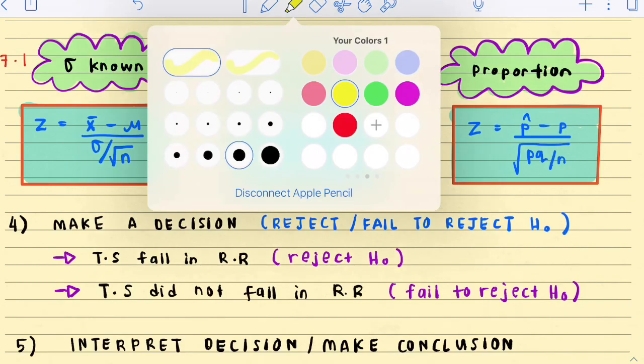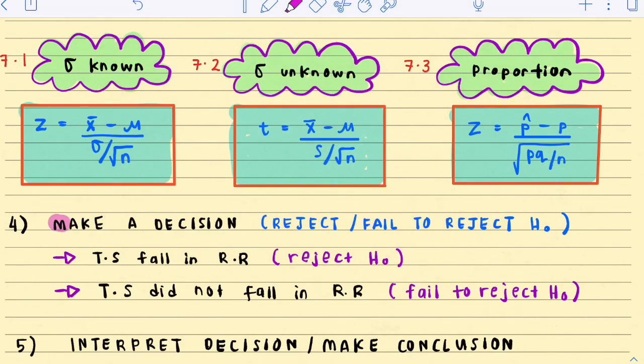Okay, the next step is you make a decision whether you are rejecting or failing to reject the null hypothesis. So always remember that your decision mentions the null hypothesis only. So whether you are rejecting null or failing to reject null. So you have 2 points here.